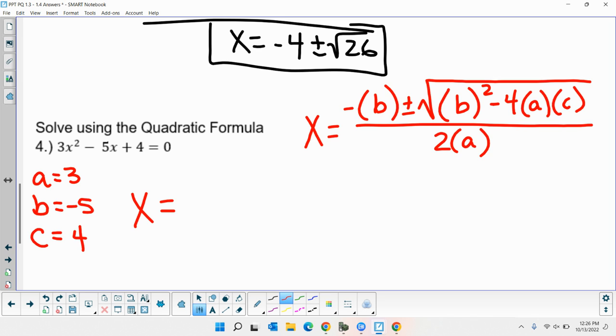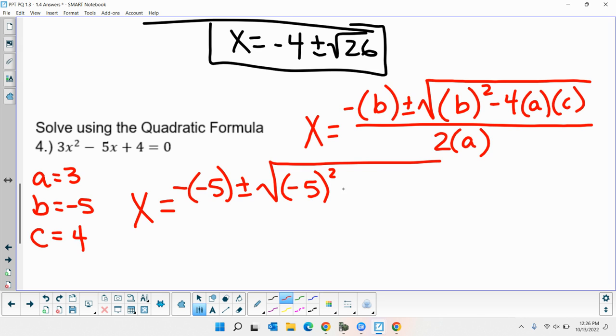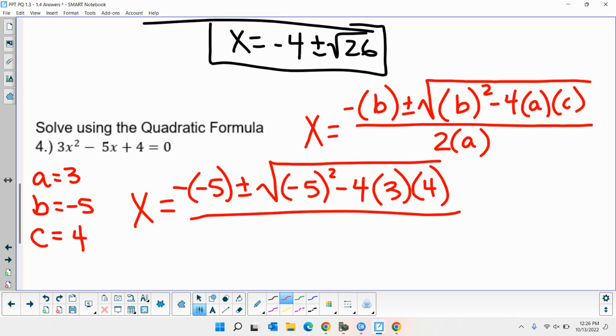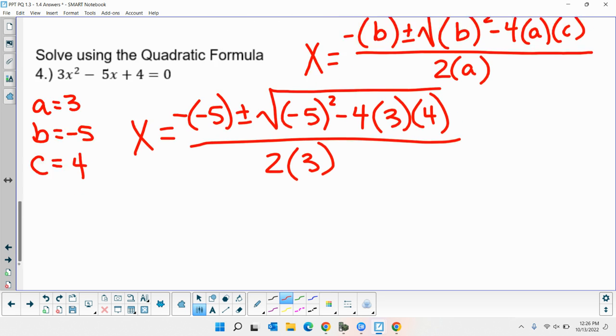Okay, so negative b plus or minus square root of b squared minus 4 times a times c all over 2 times a. Just plug in the numbers. And then we'll finish it up.